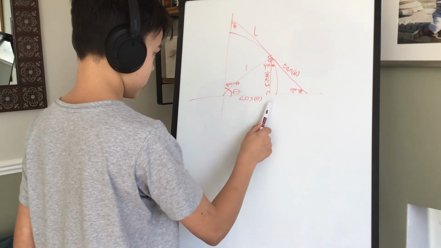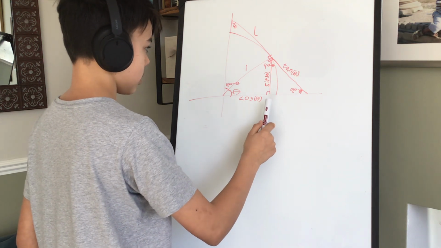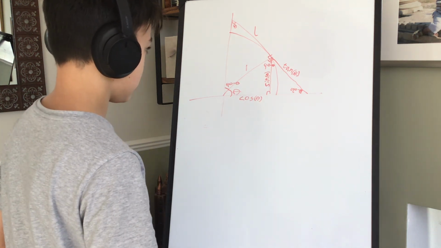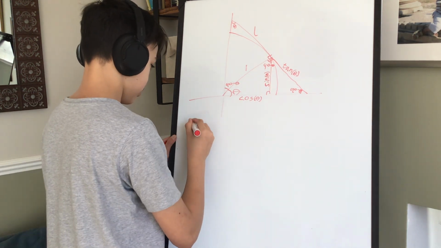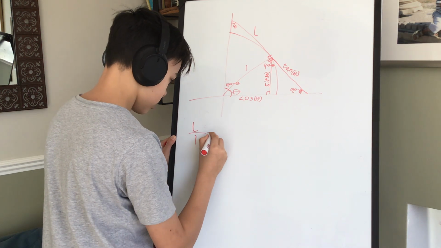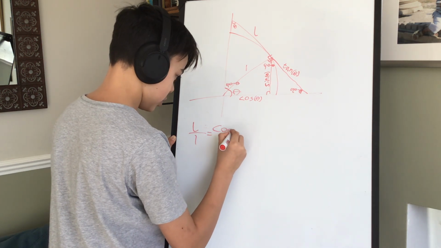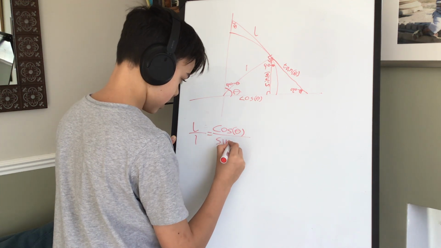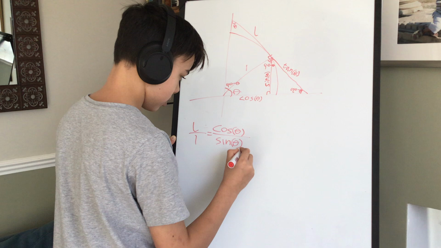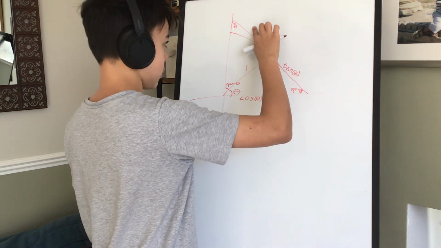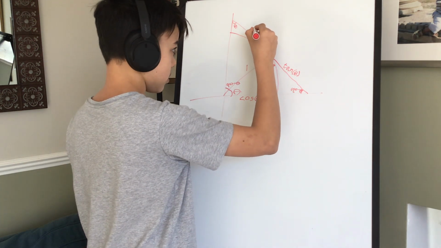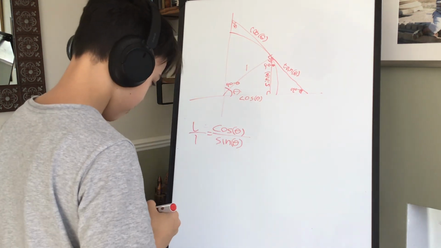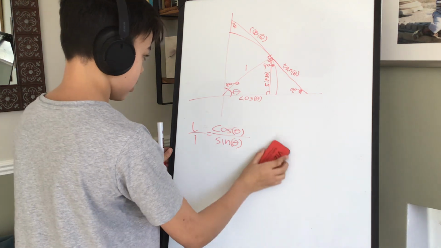Adjacent of theta is also cosine of theta, and that's being divided by the opposite, so sine of theta. So L over 1 equals cosine over sine. And like we just said, that is all going to equal cotangent. So L is cotangent of theta.